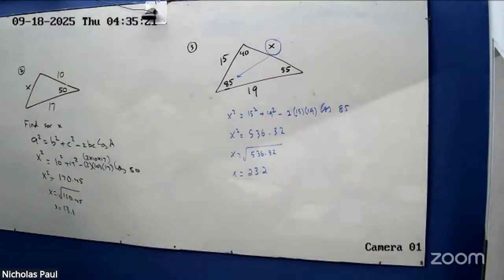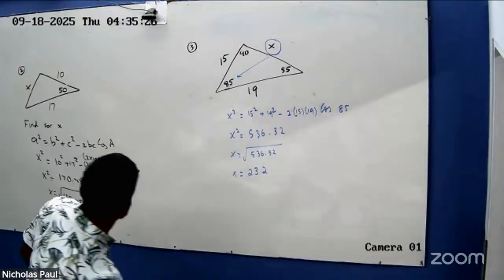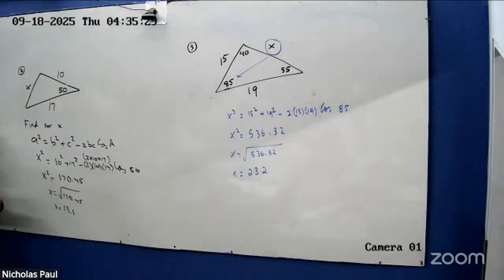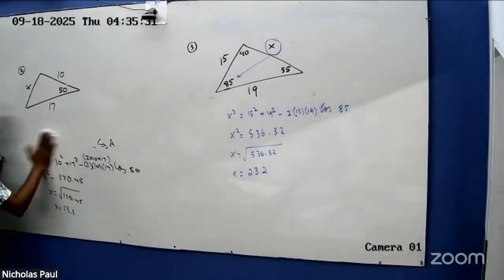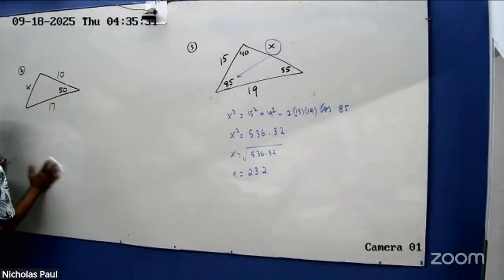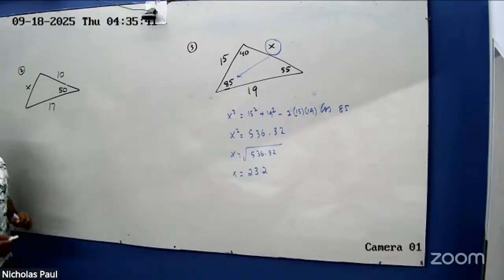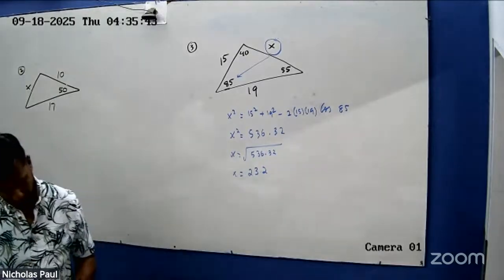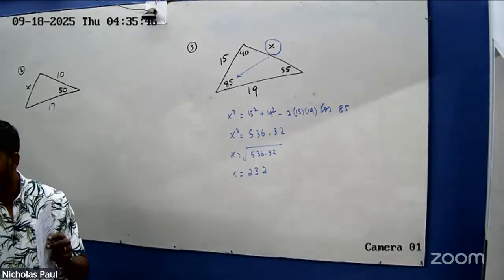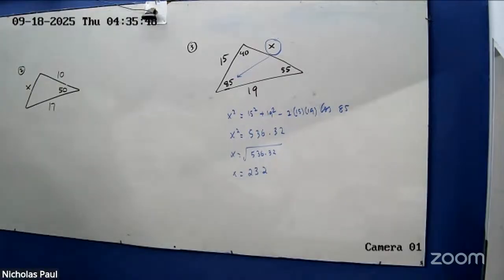Right, there's one more case where we can use the cosine rule again. This one is the hardest, so I will do the first example. Any questions online?